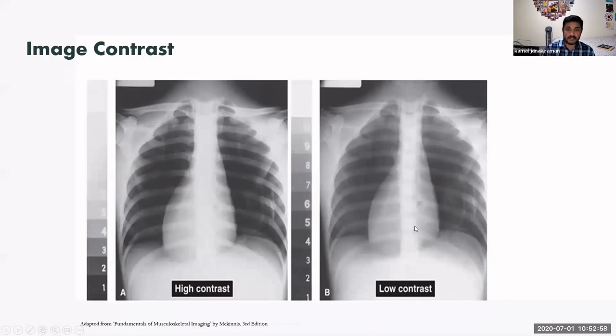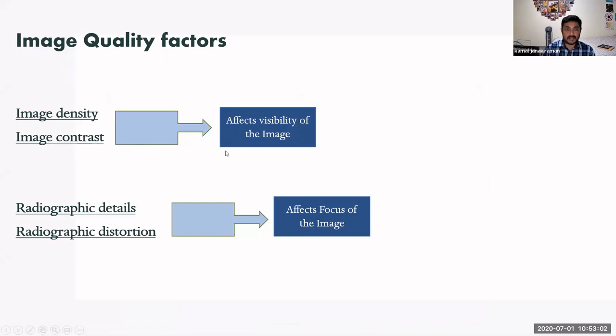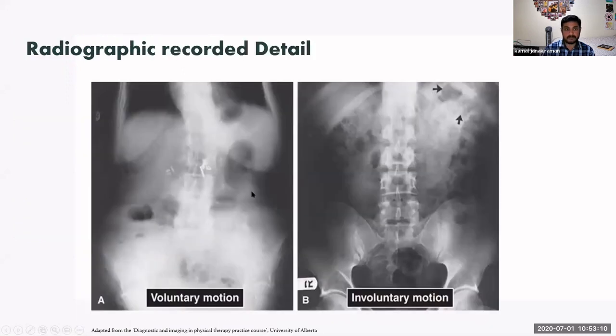This is a high contrast image, this is a low contrast image. So these 2 things affect the visibility of the image. Next we'll go for the radiographic details and the radiographic distortion. Radiographic details, recorded detail.